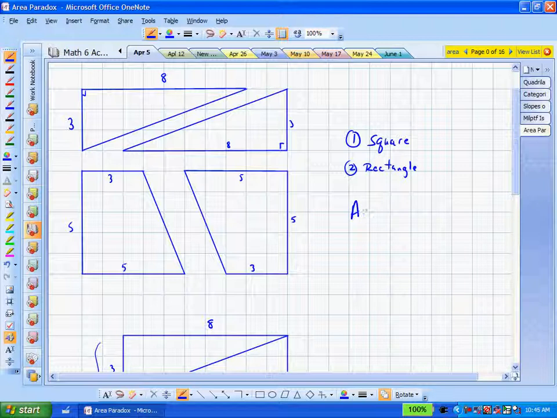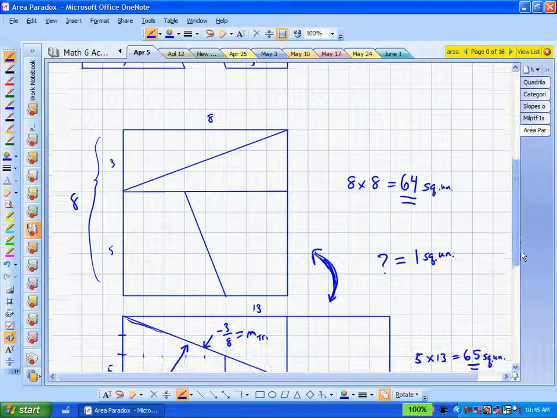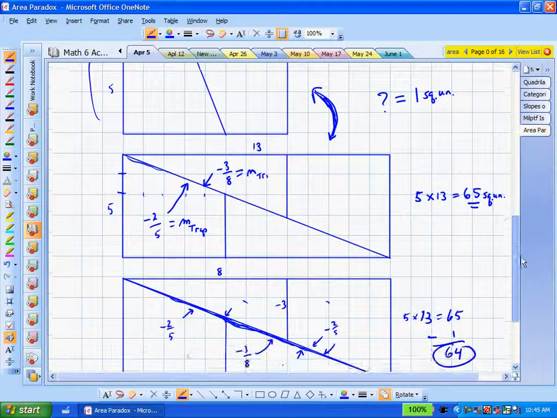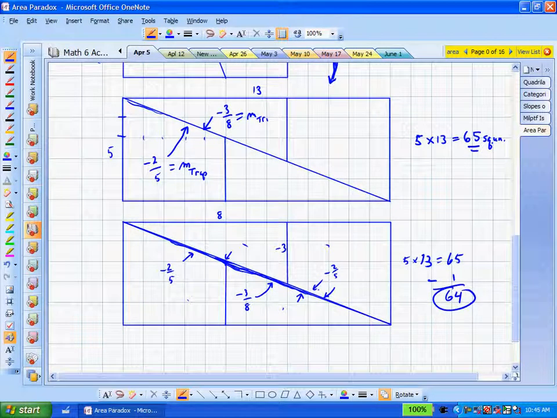The area of 2 triangles plus the area of 2 trapezoids is going to equal 64 if you just look at these original figures. The square is 64, but this figure, the rectangle, has an extra 1 unit, which is a very stretched out, strange 1 unit. Interesting problem, worth looking at.